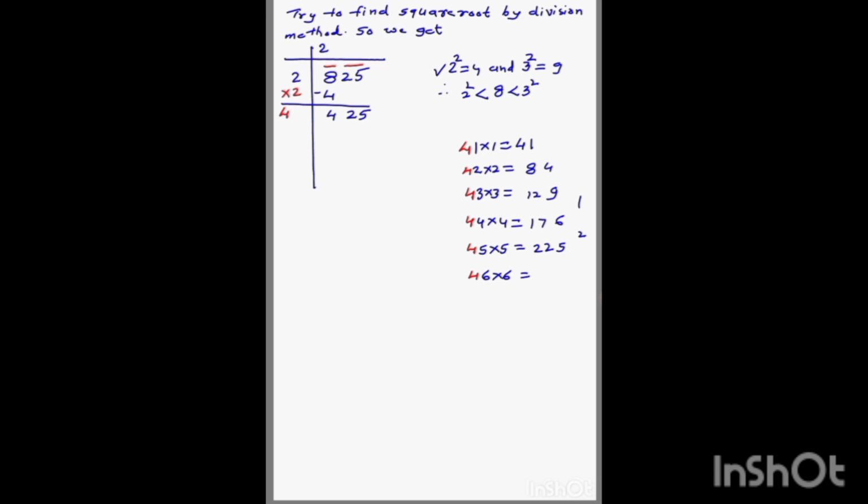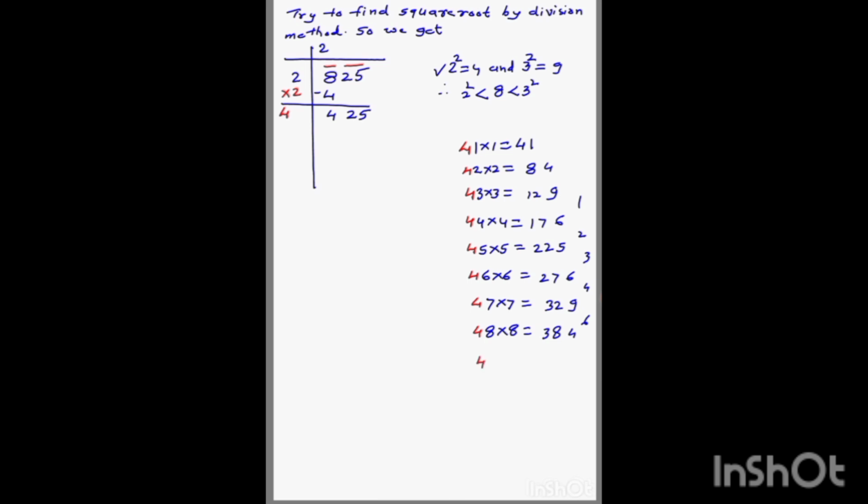Don't make mistakes in multiplication, that is very important. 6 into 6 is 36, carry 3, that is 276. 47 into 7 is 329. 48 into 8 is 384. Okay, this is very near now.